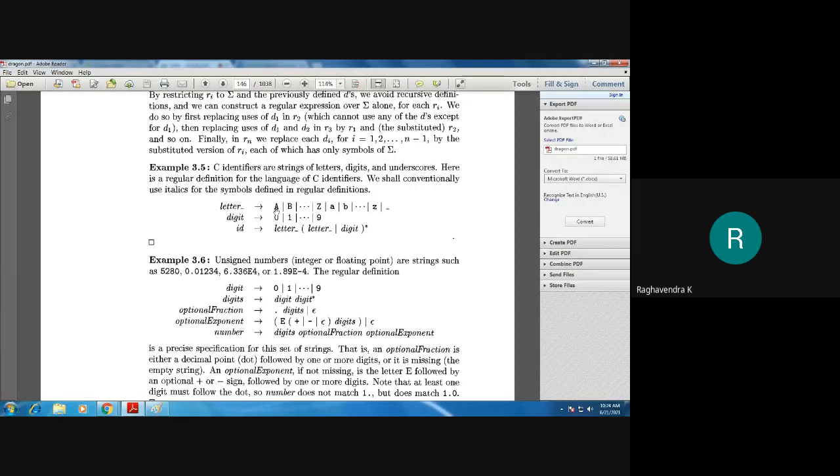We have A to Z and a to z, so all of these things are nothing but letter. What is 0 to 9? I can call that digit.